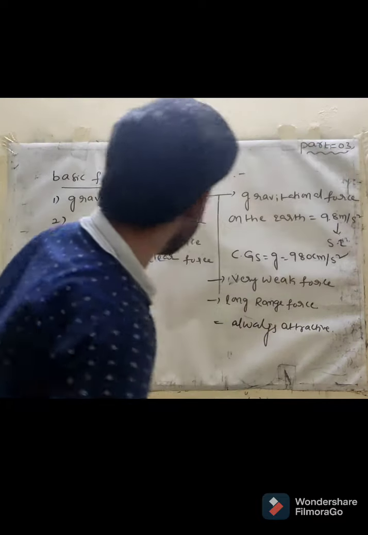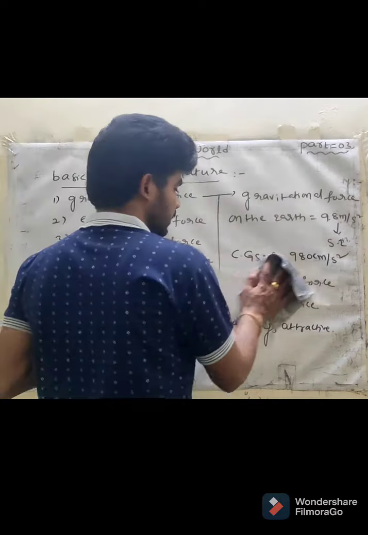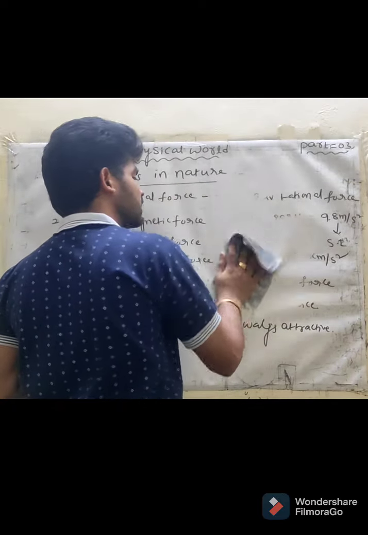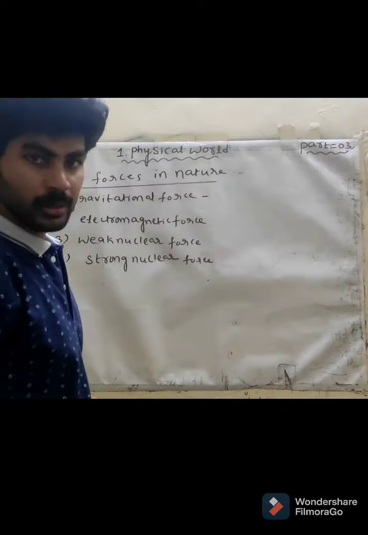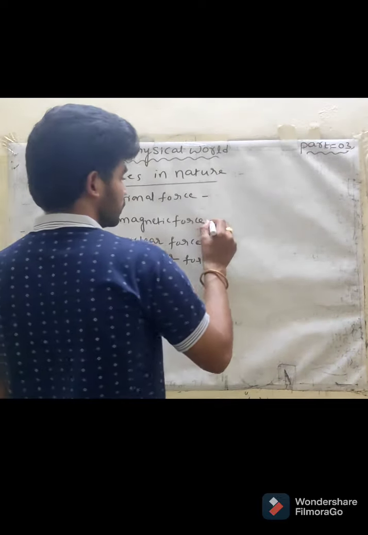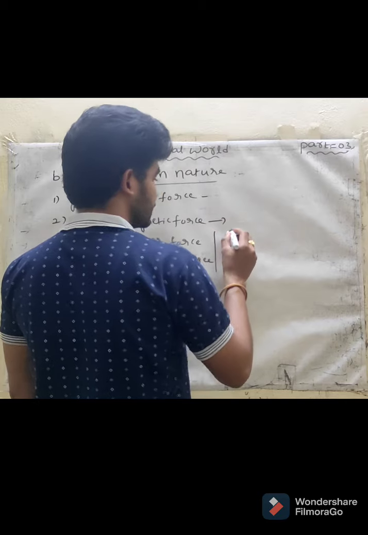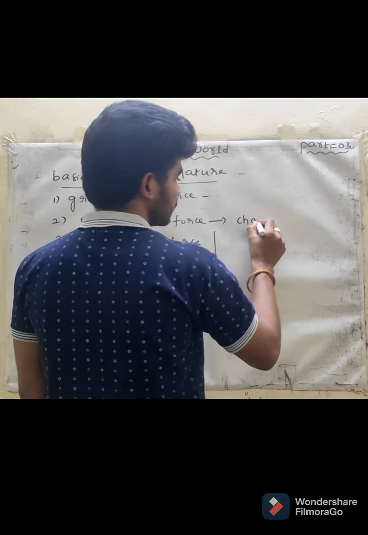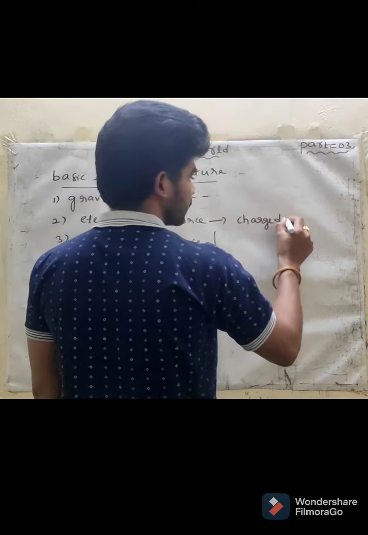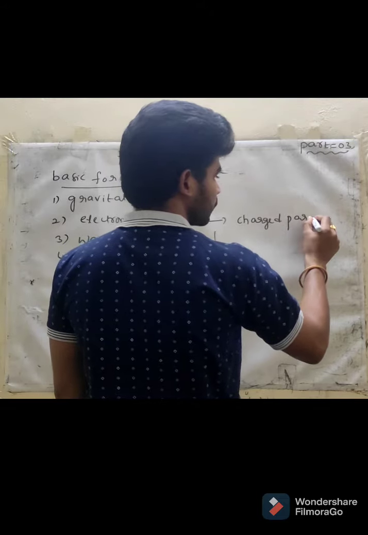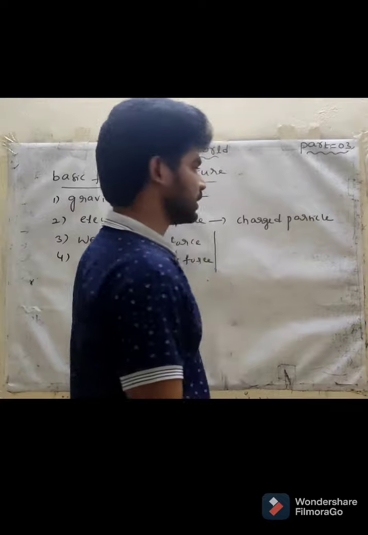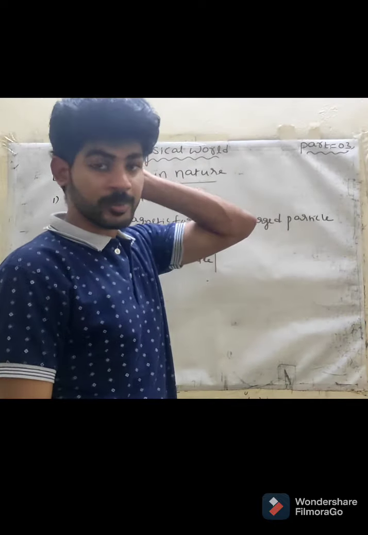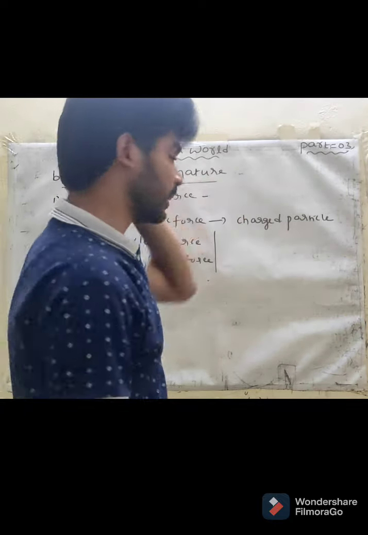And the next one is the electromagnetic force. This electromagnetic force is applicable on charged particles, like electron and proton. Only charged particles; only on charged particles is the electromagnetic force applied.